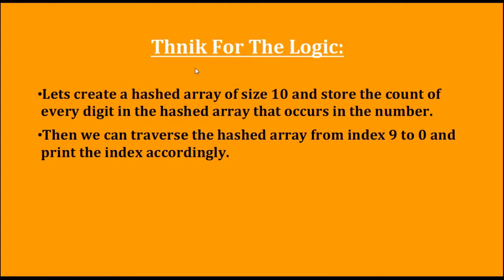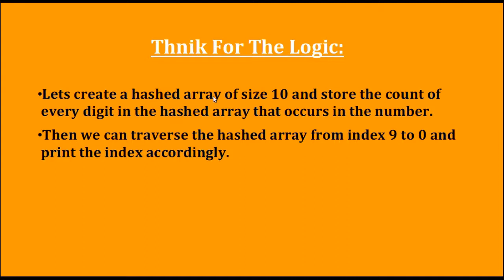Suppose you have the number 1234, you extract 4, and now you have found 4, so in the array at index position 4 you increment that index by 1. Next time if you find the same 4, you increment index 4 again. That means 4 has occurred 2 times in our given number.